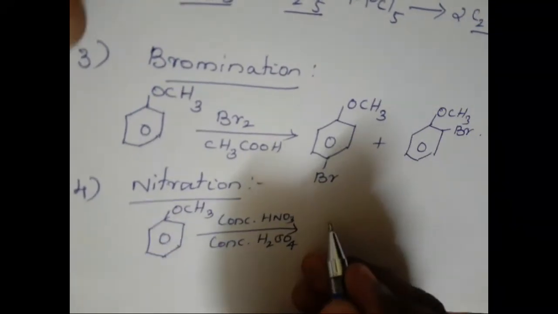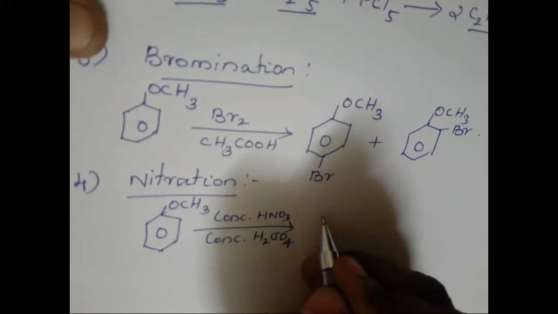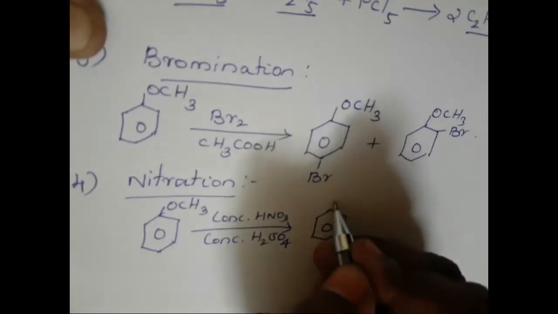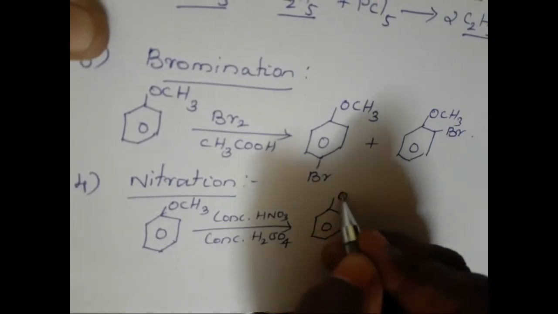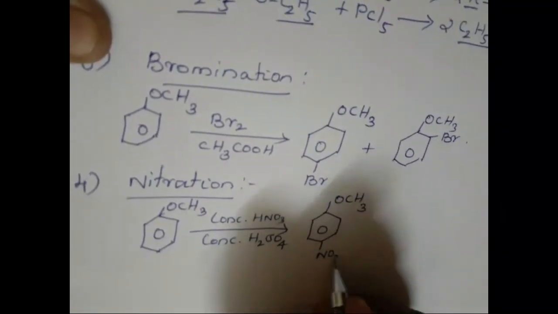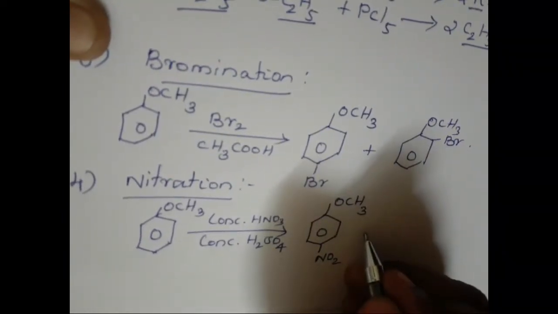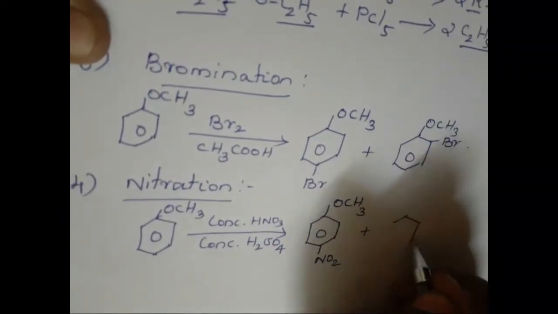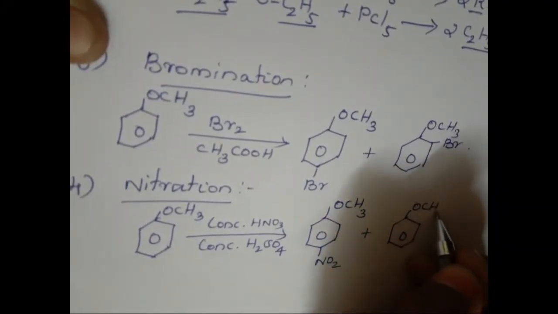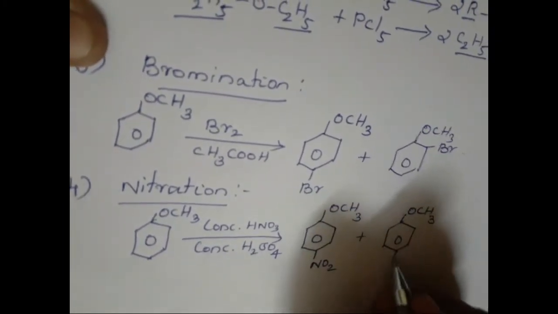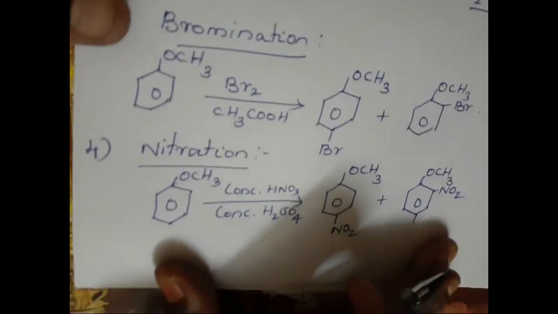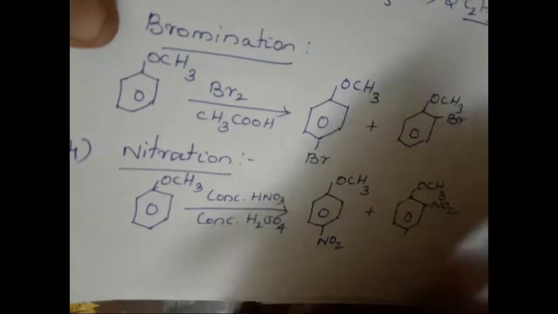When anisole reacts with concentrated nitric acid in presence of concentrated sulfuric acid, it undergoes nitration. It forms two products, 2-nitroanisole and 4-nitroanisole.